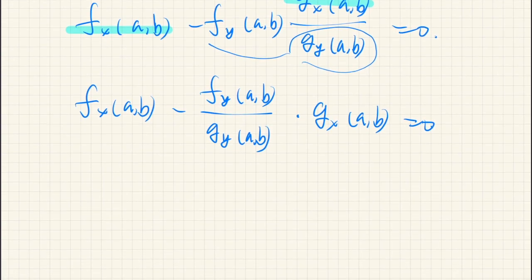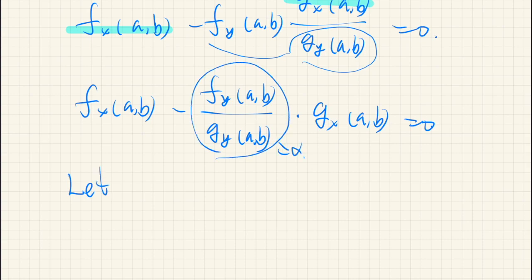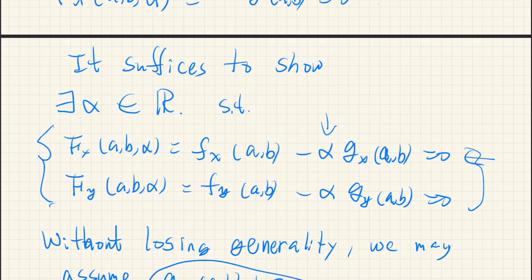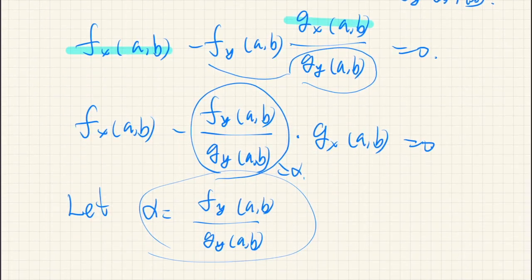Now, let this thing be equal to alpha. Then this alpha clearly satisfies the first of these equations, since alpha is f_y over g_y. And what about the second one? That's trivially satisfied actually.